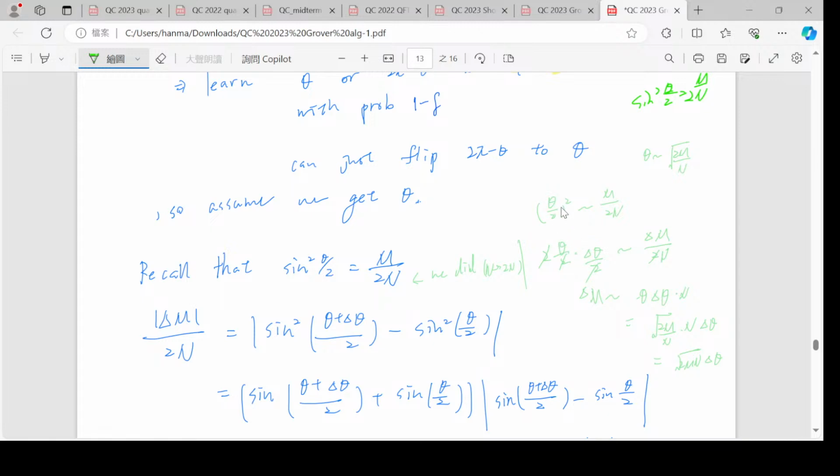We have f of theta equal to g of m, and this will mean f prime of theta d theta will equal g prime of m dm.